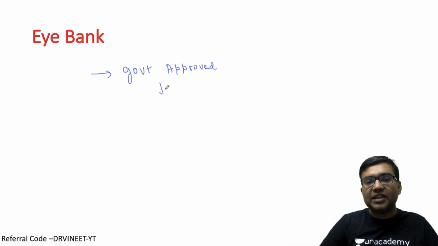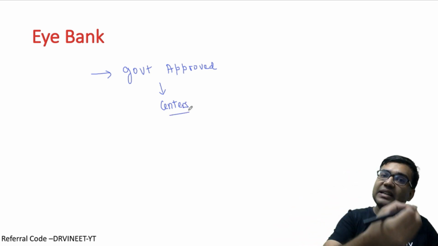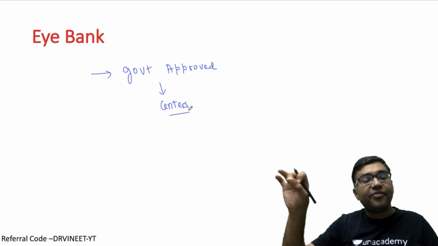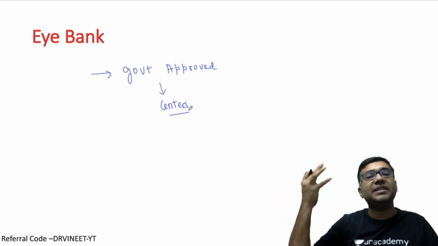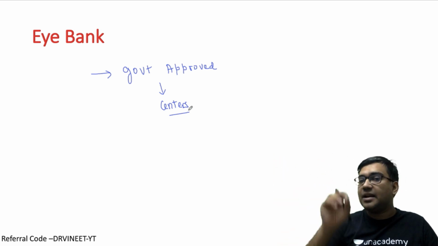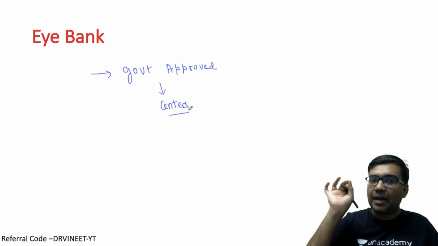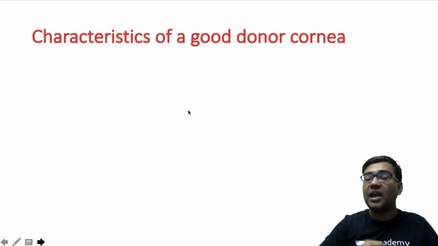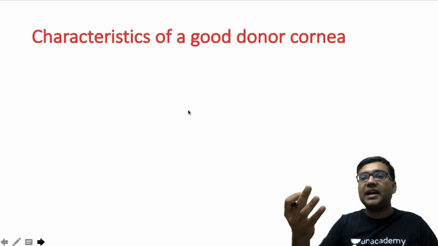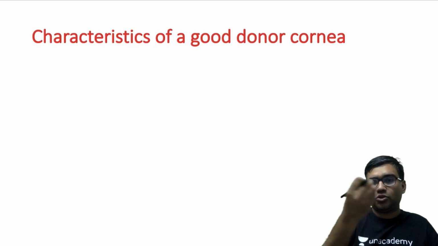So these are government approved centers. Okay, it does not mean that these are only in the government hospitals. If the government allows, it can be there in the private hospital as well, but it has to be government approved.